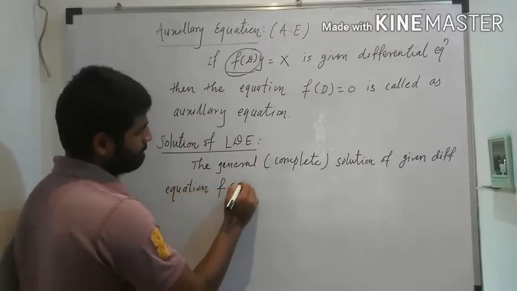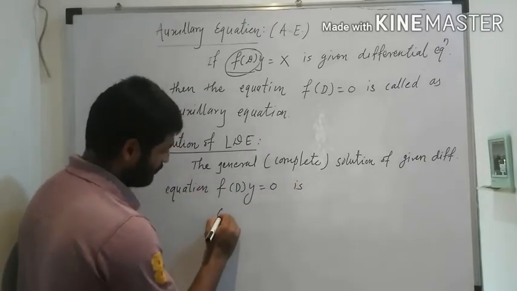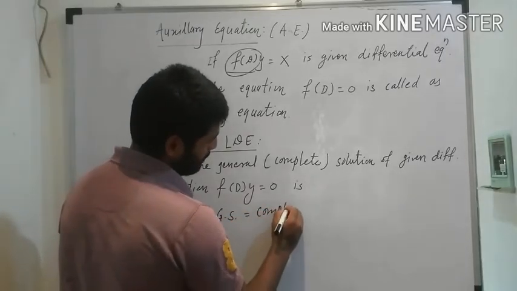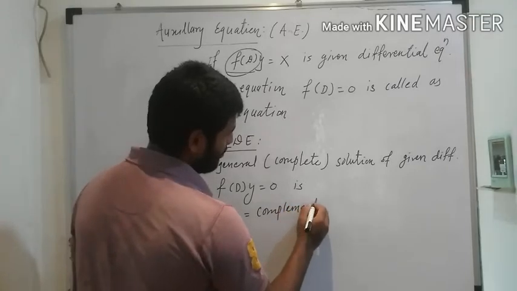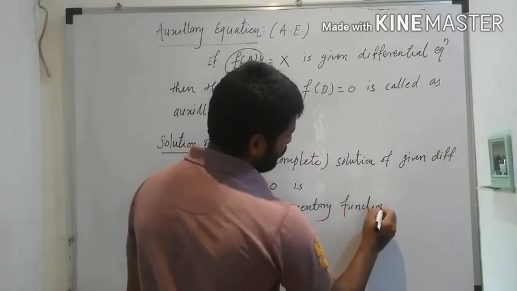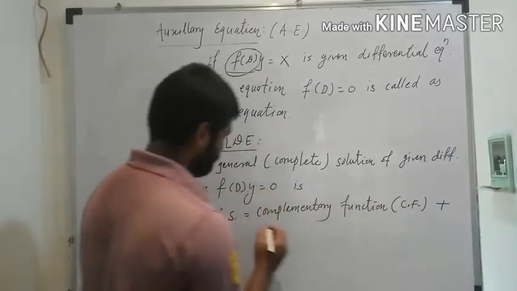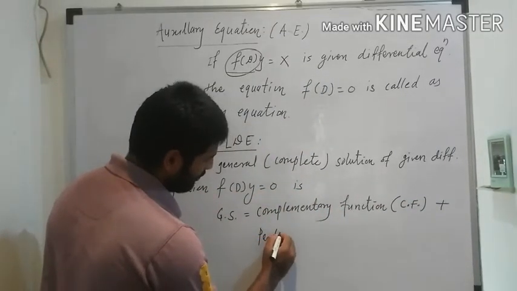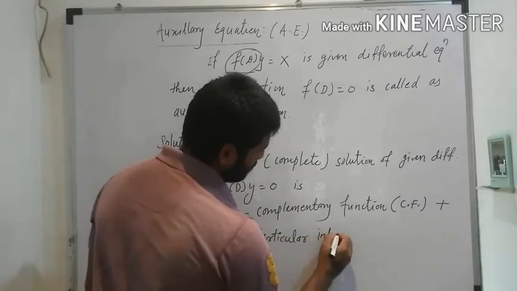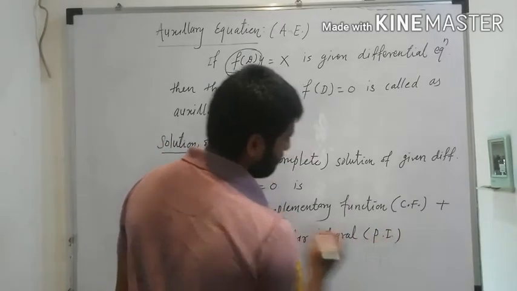f of D into y is equal to 0 is, the general solution, that is equal to complementary function, we denote it by CF, plus particular integral, we denote by PI.